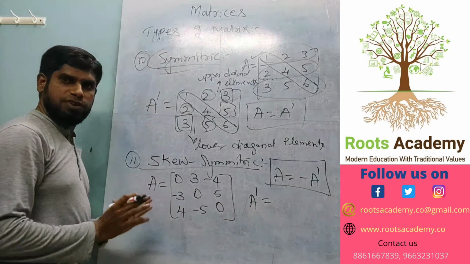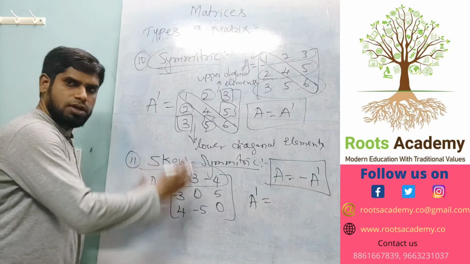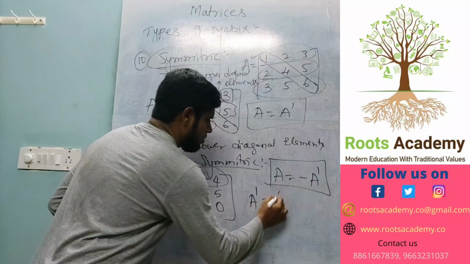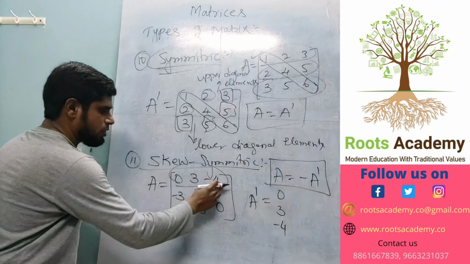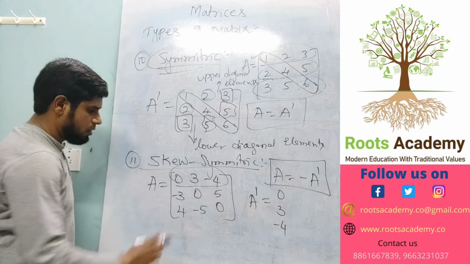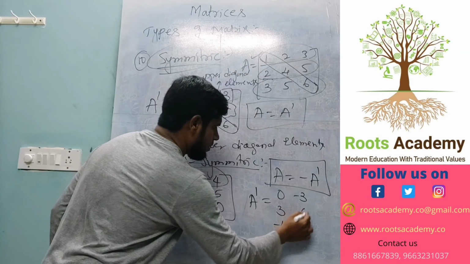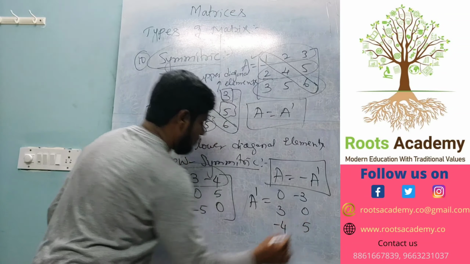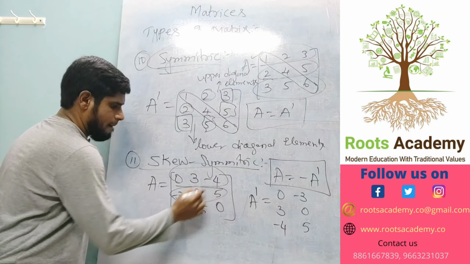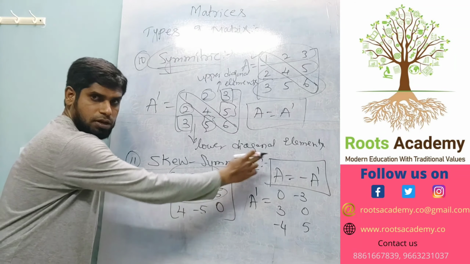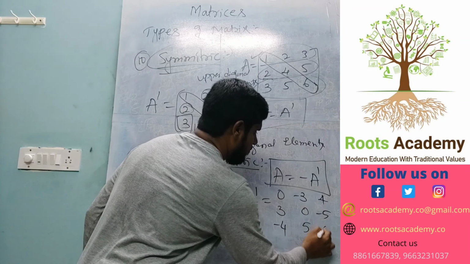Transpose, we know what exactly we should do: rows converted to columns. So 0, 3, minus 4, the first row becomes the first column. Now the second row becomes the second column: minus 3, 0, 5. Then the last row becomes the last column: 4, minus 5, 0.